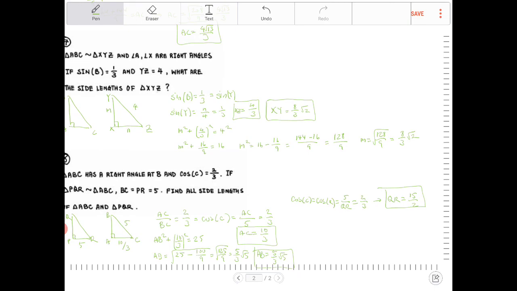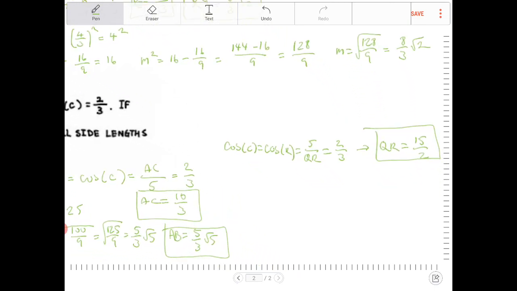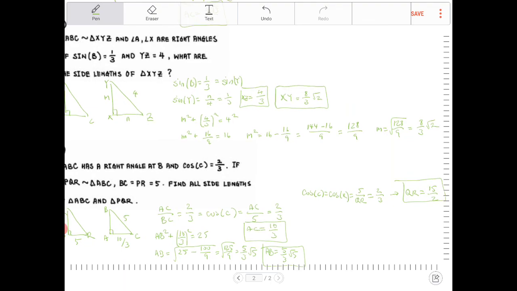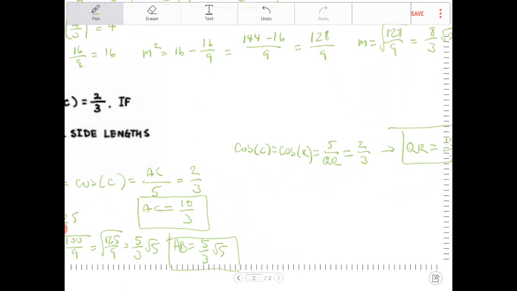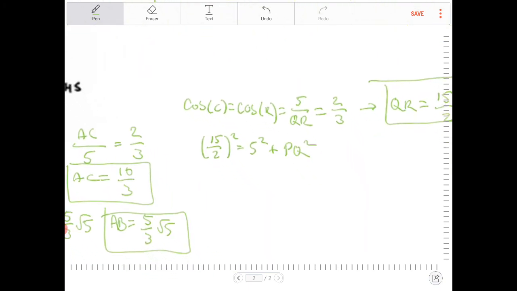If QR is equivalent to 15/2, then we can solve for the other remaining sides. So 15/2 squared is equal to 5 squared plus PQ squared. I want to solve for PQ. So 15 squared is 225 over 4 minus 25 is equal to PQ squared.